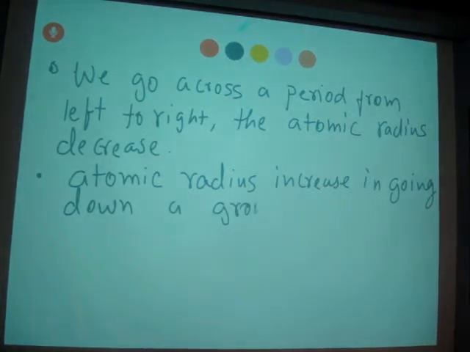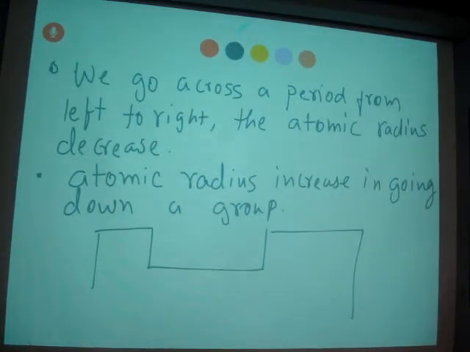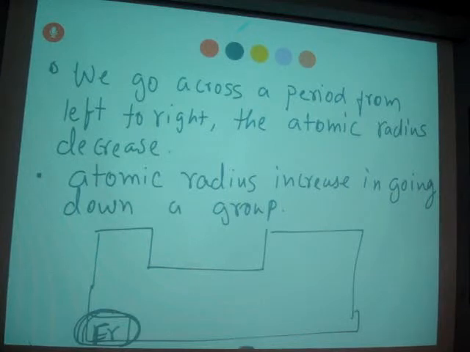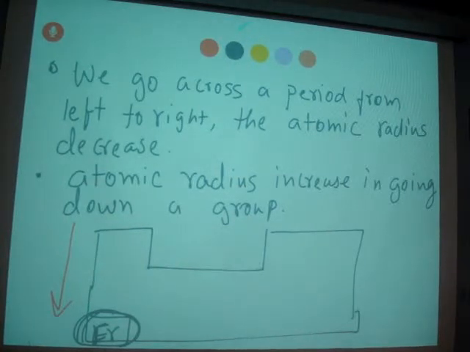So I'm going to show you one little trick. You see in the periodic table, the francium is right here. You can say this is a fatty francium. That means anything going towards the francium is increasing.